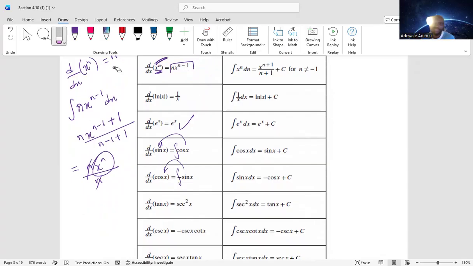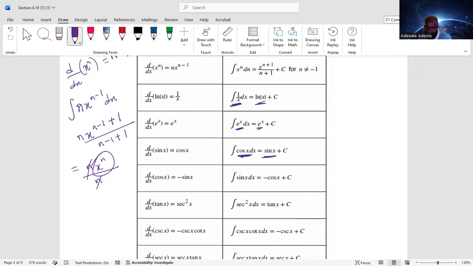So in integral notation, if I take the integral of 1 over x, it is natural log of x with absolute value. If I integrate e to the x, I get e to the x. If I integrate cosine of x, then I have sine of x.